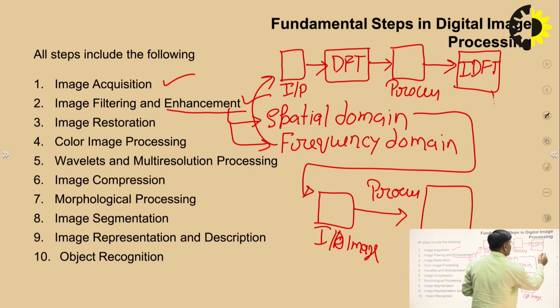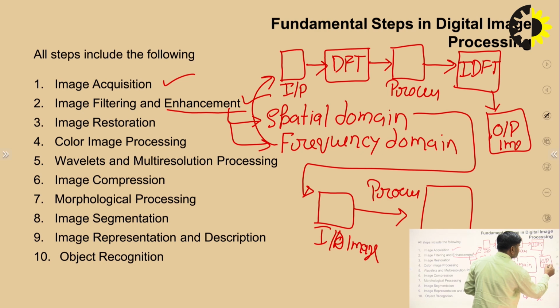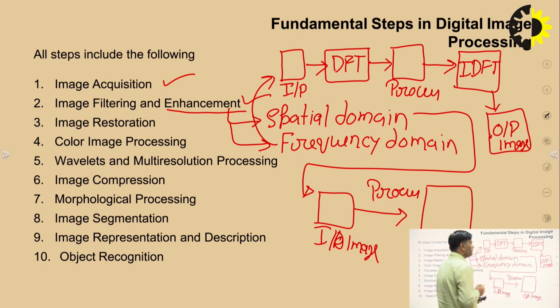Then after that we get the output image. This is the process of the frequency domain, in which before applying the processing, we first take the discrete Fourier transform of the input image, and before showing the output image we take the inverse discrete Fourier transform. These two processes are totally different from each other.